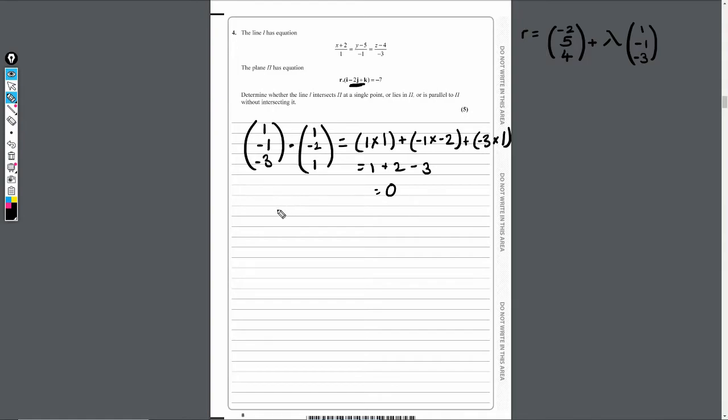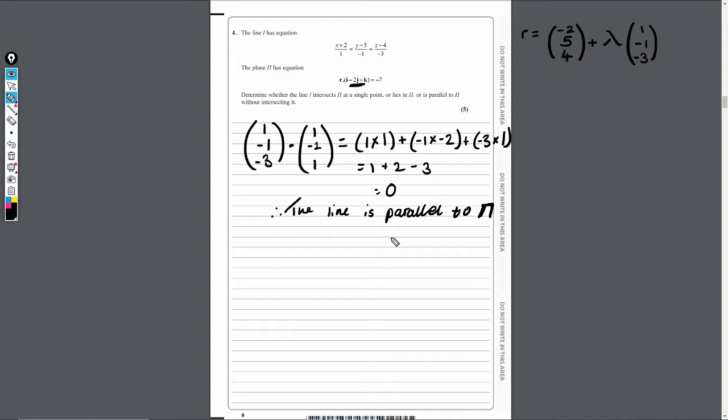So the first thing we can say, therefore, is that the line is parallel to capital Pi. My capital Pi is not very good, but there we go. So it's parallel to the plane.